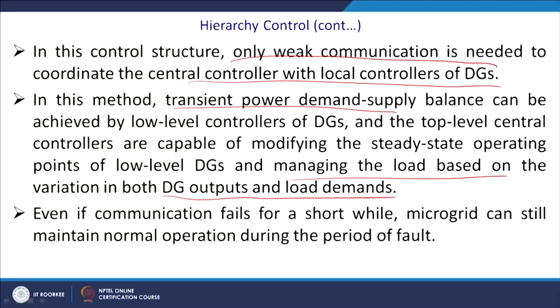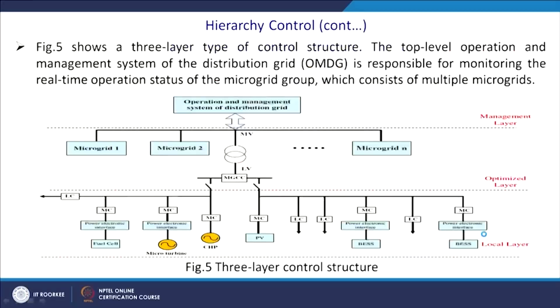Even if the communication fails, if data is lost for a short time, that does not have any problem. If it fails for a short time, the microgrid still maintains normal operation during the fallout time period. So, this is the hierarchical control.